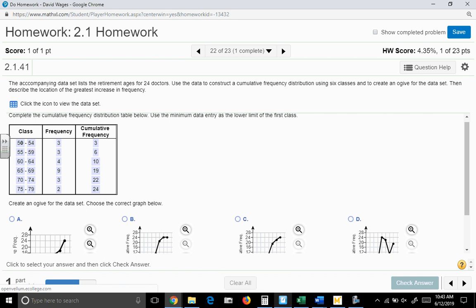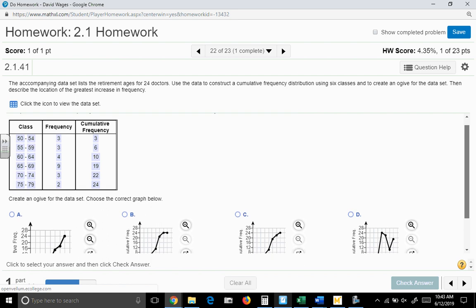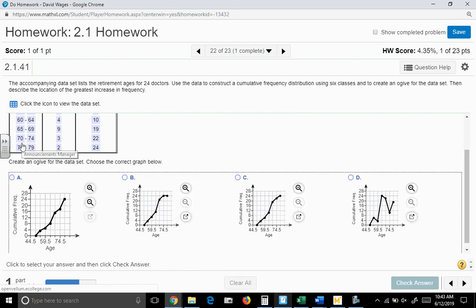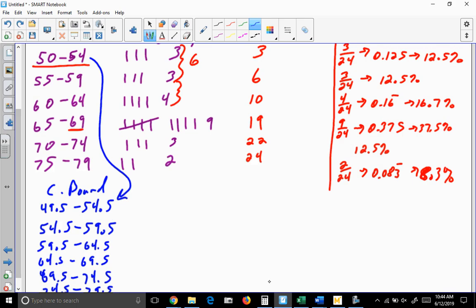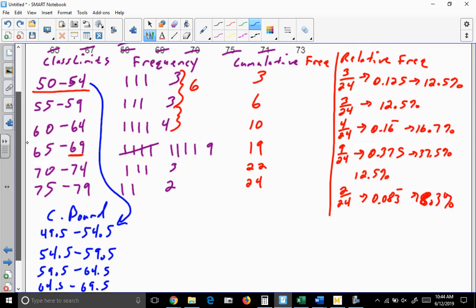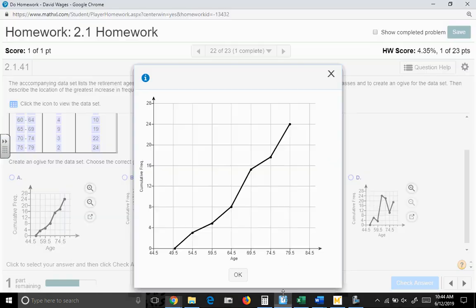So for example, the first class starts at 49.5, and when we're at 49.5, we have accumulated no data. But when we get to the right side of the first category, we have 3 points already. So we're up to 3. So this one is right so far.